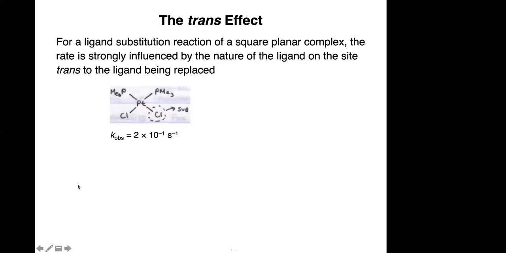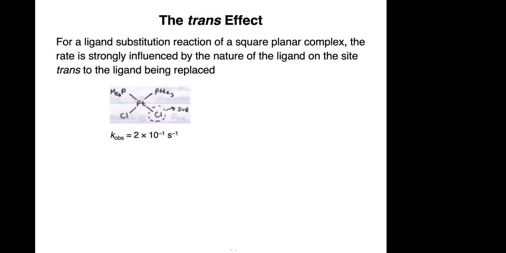And so an observation that highlights this trans effect. If we look at substitution of the chloride ligands for this cis platinum 2 complex, so we've got 2 trimethylphosphine groups in cis positions and then 2 chloride ligands, and we're going to substitute a chloride ligand for another ligand.